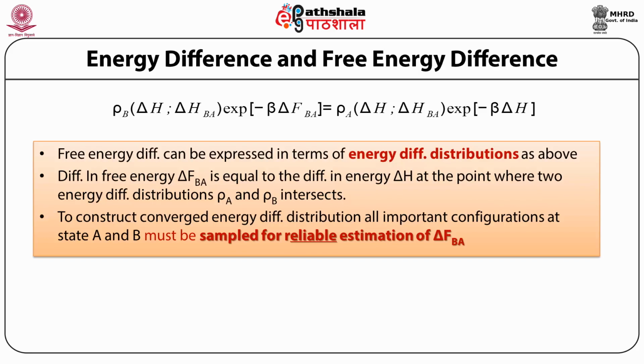So there are chances that if we do not cover the conformational states properly, we might not get an exact or reliable delta F_AB. You will see this in many cases, depending on the system, how much we can cover. However, free energy difference will have all the components.